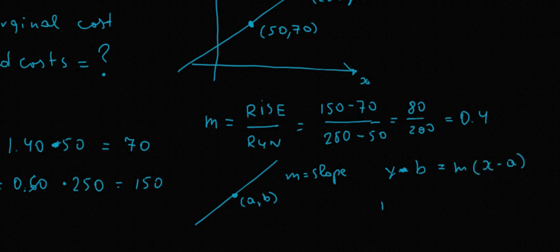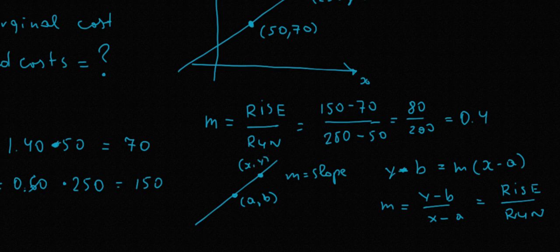If you write it in this form, m equals y minus b over x minus a, then you will see that this formula is nothing else than the usual formula for the slope, rise over run, where we use the point a, b and another arbitrary point x, y on the line to calculate the rise and the run.